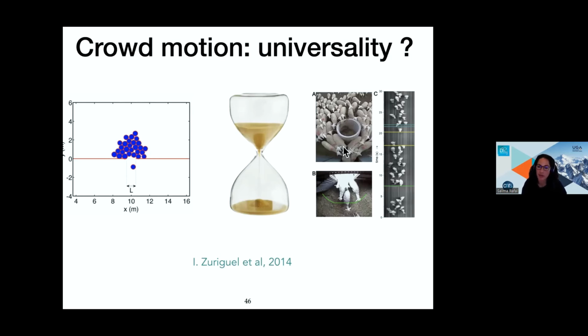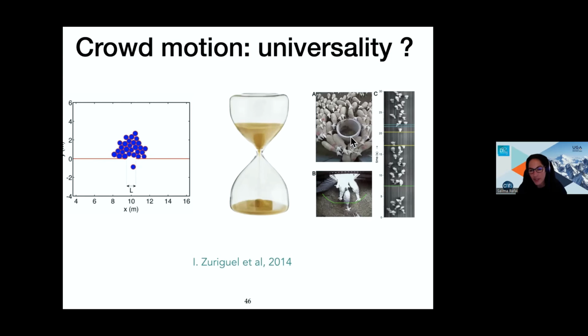So the question is, again, a little bit like what I presented for active matter: is there any universality that we can recover in those systems, like the clogging effect, as we know for sand, in crowd motion?